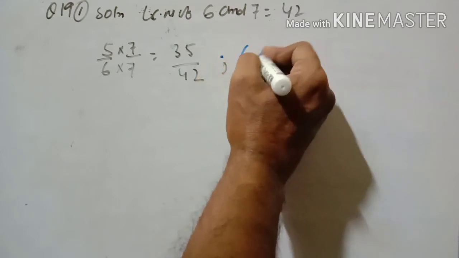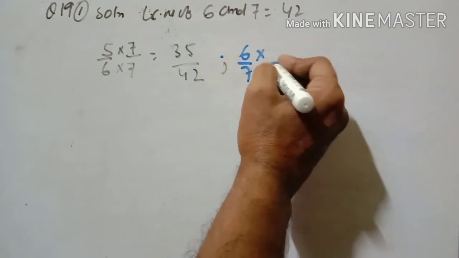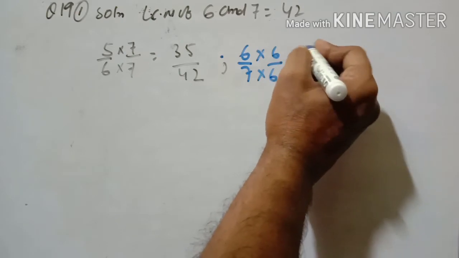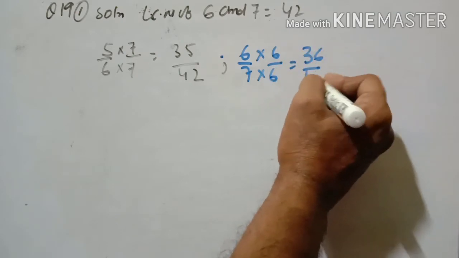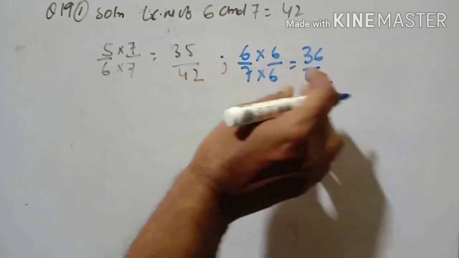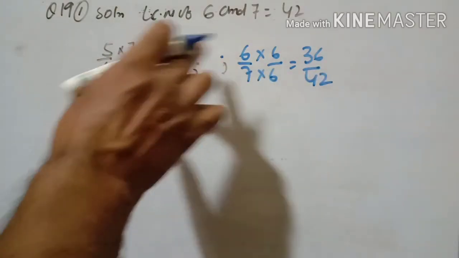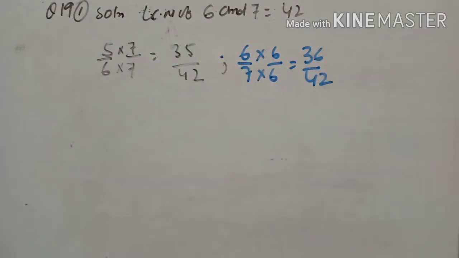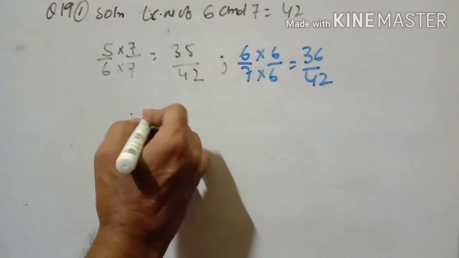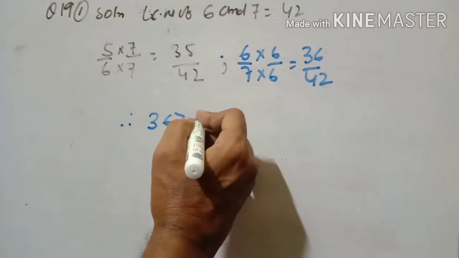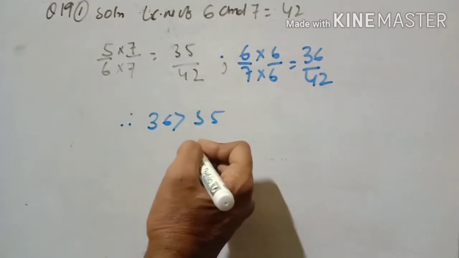Here I have to multiply by 6, so 36 by 42. Now see, both the denominators are same, so according to the numerator I can compare. Therefore 36 is greater than 35.